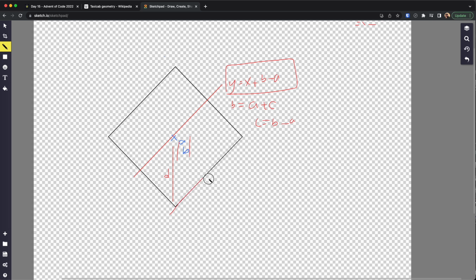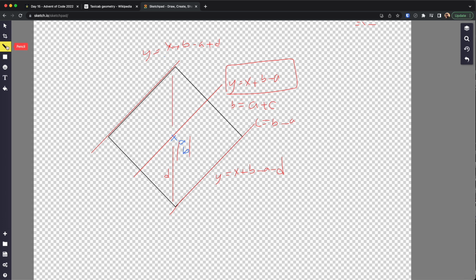So this line, which is this line moved d to the bottom, will be y equals x plus b minus a minus d. And similarly for this one, it will be y equals x plus b minus a, but this time plus d, because we are moving d to the top.